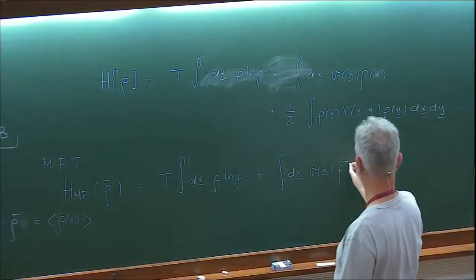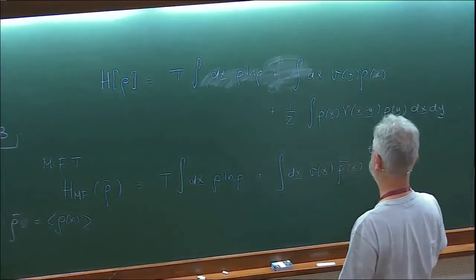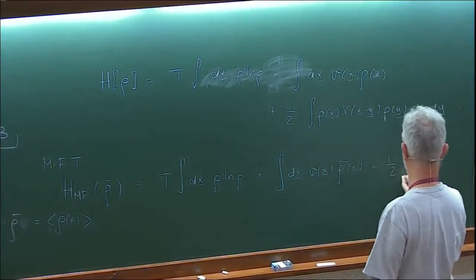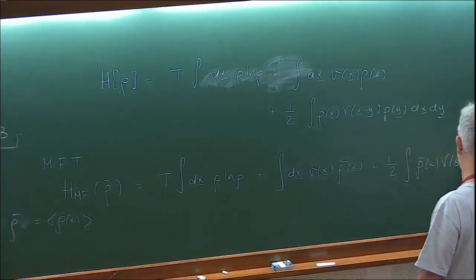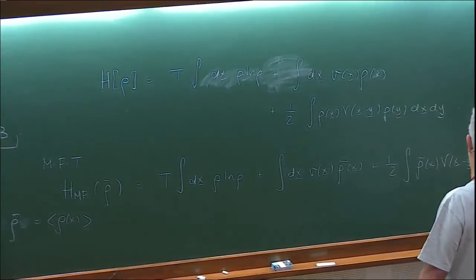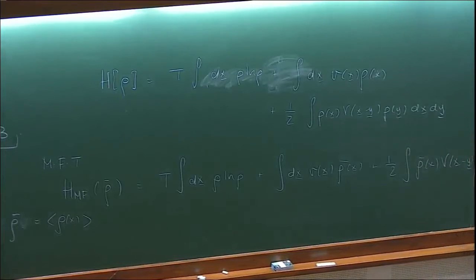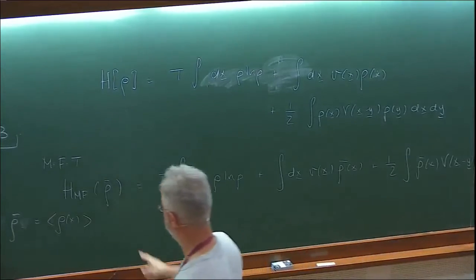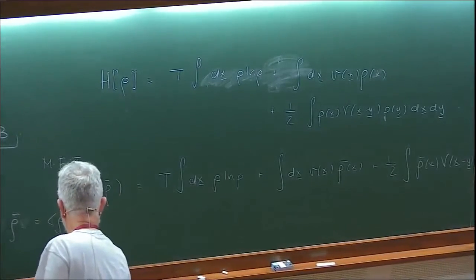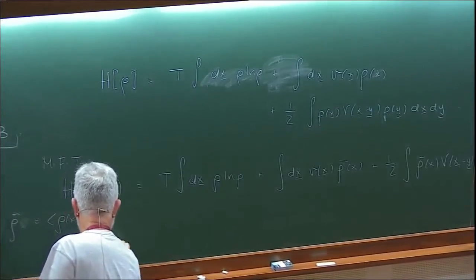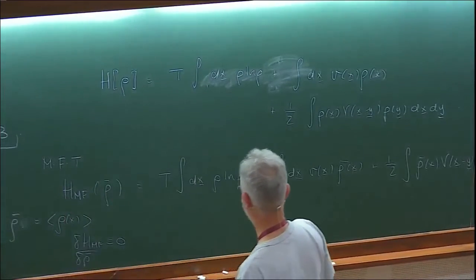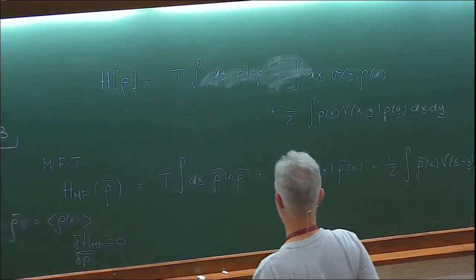You replace all these averages by their rho bar value. Then you basically say that the equation that gives you rho bar is that dH mean field by d rho bar is equal to 0.